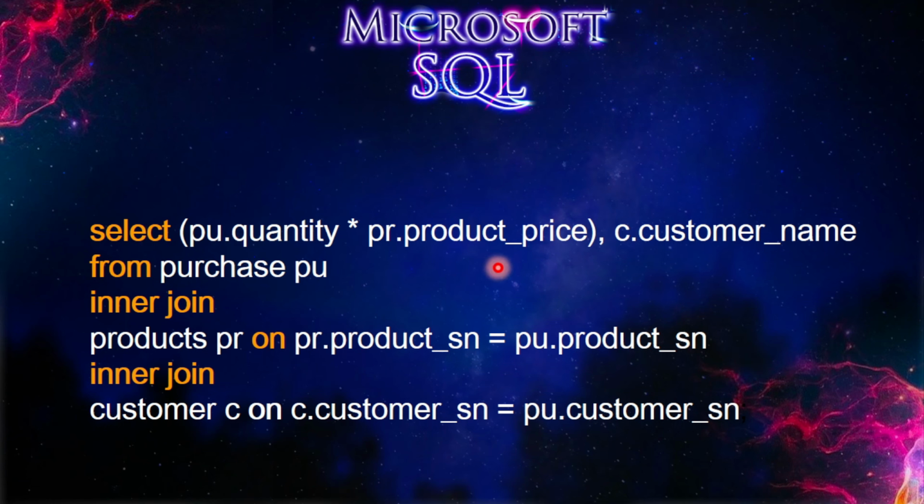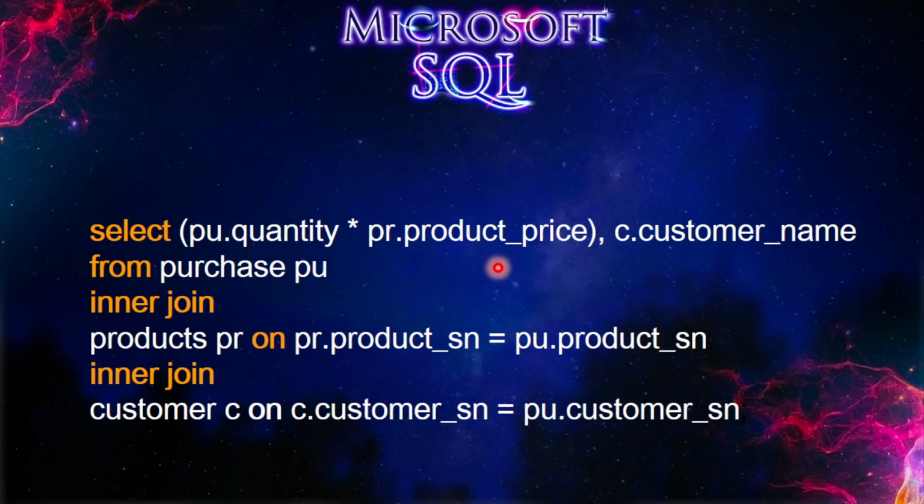Now let's say I want to get the product with the maximum serial number. Select where products SN, or product serial number, is equal to, and here I can write another condition.